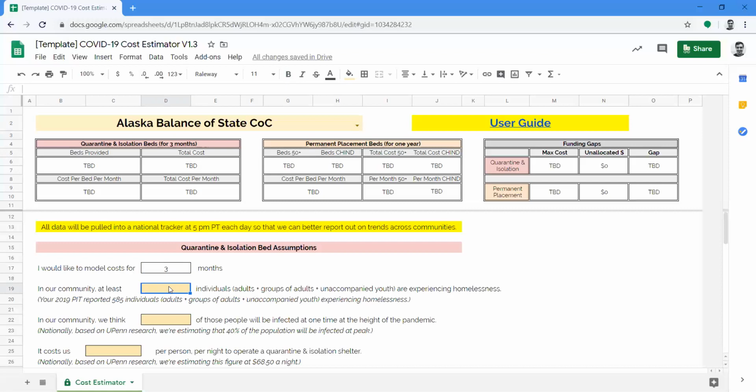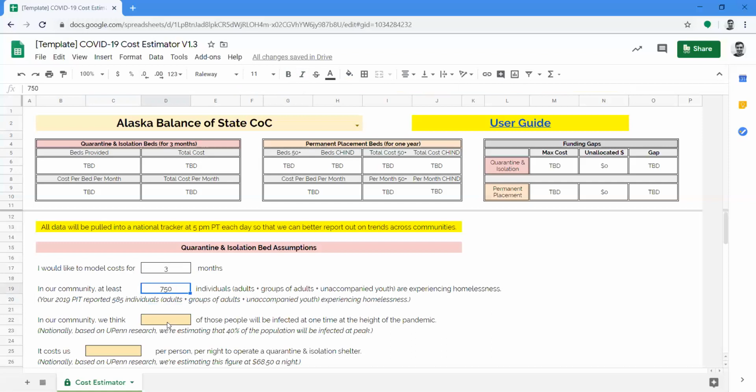The reason the tool defaults to individuals is that in most communities nationwide, most families who are experiencing homelessness are sheltered in units that are able to be isolated from one another. So we pull in the PIT data on individuals as a cue for you, but if you want to, for example, increase that number by a certain amount to account for families or any other population you'd like to model for, you can do so.